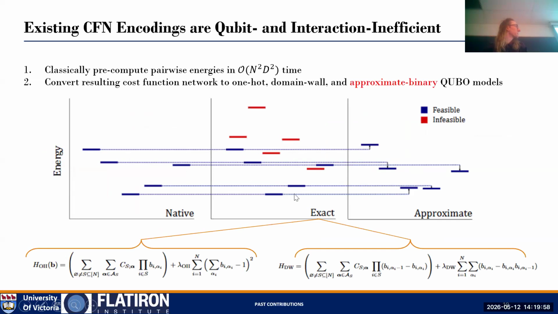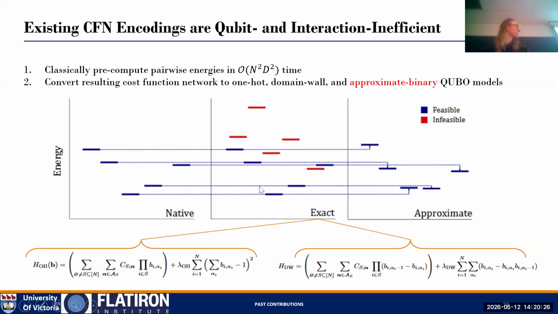In the case of all those encodings mentioned, those are exact encodings in that they take the solution energies of the original cost function network and preserve them under transformation, but they introduce all of these infeasible states shown in red here. Under those two forcings that I mentioned, we can get out a perturbed version of the cost function landscape with bounded approximation error.